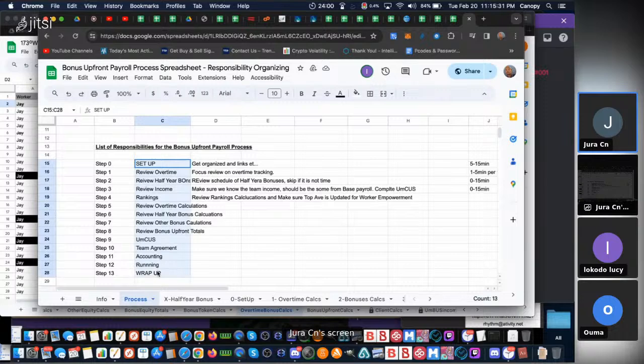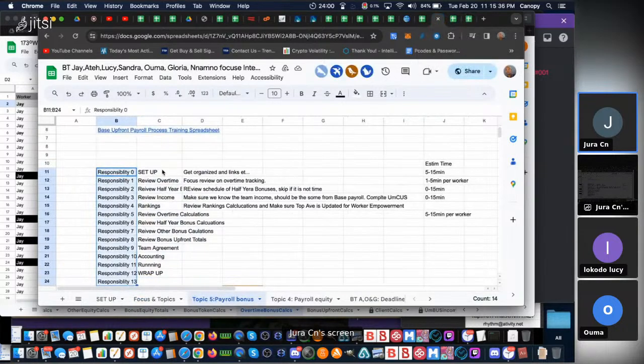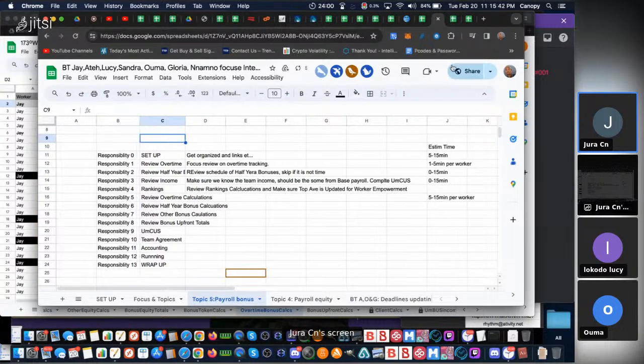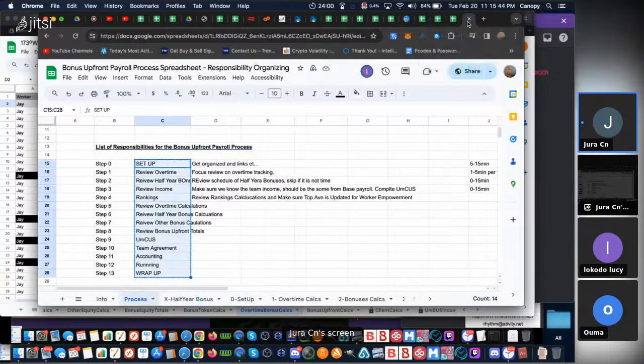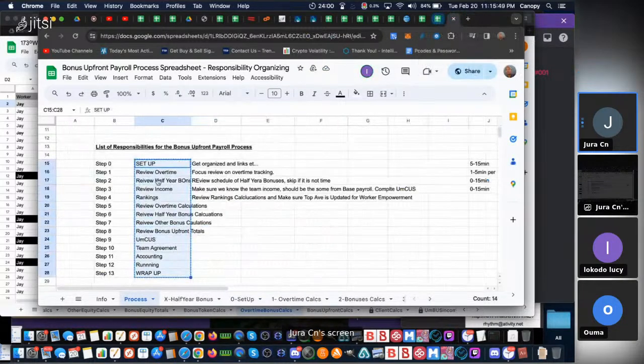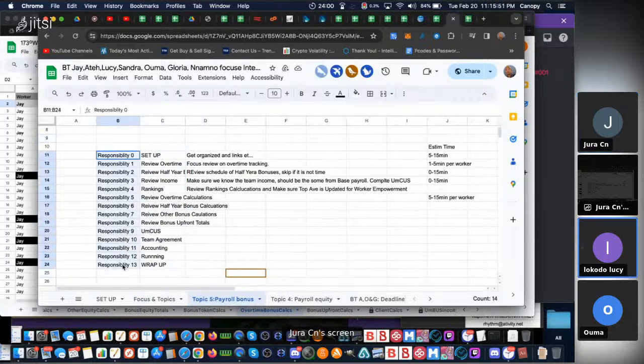Make sure I get it correct. Copy and paste. Okay, so if you go to our notes, these are the responsibilities. So we are going to focus on responsibility number 5.